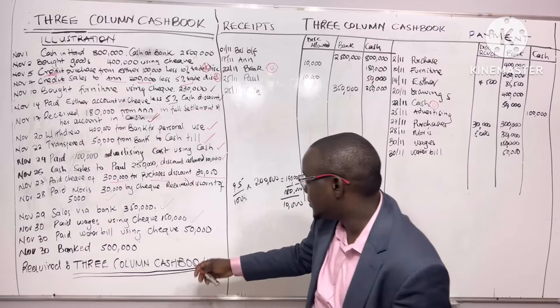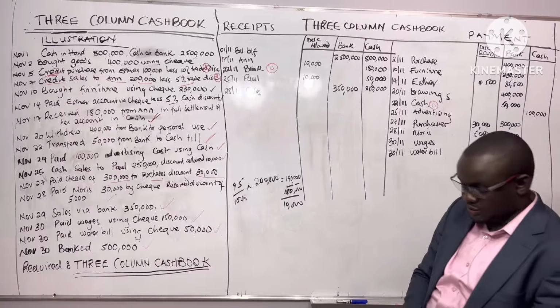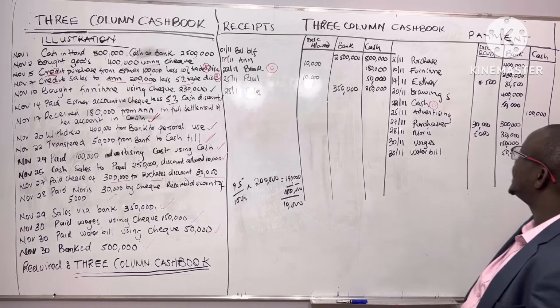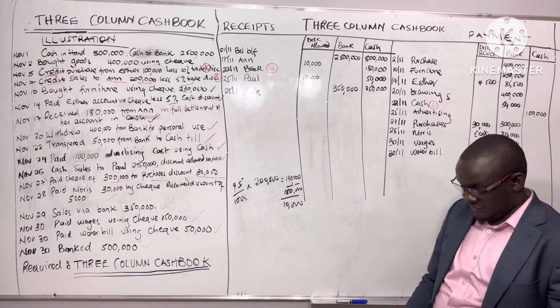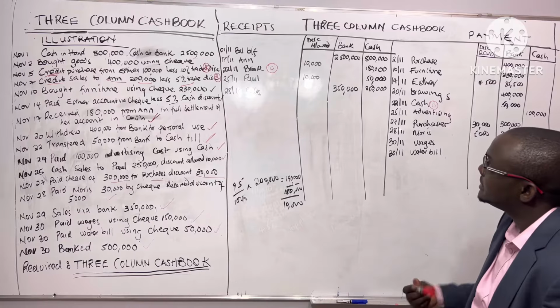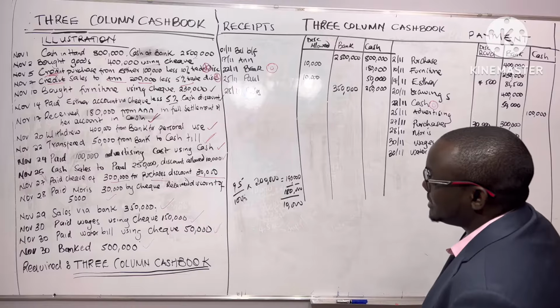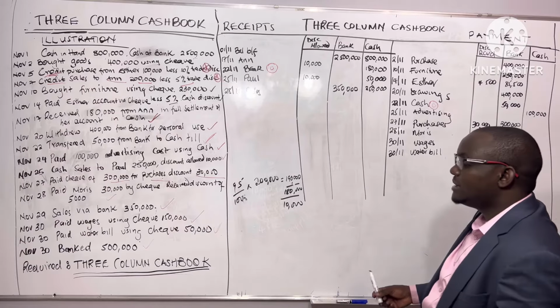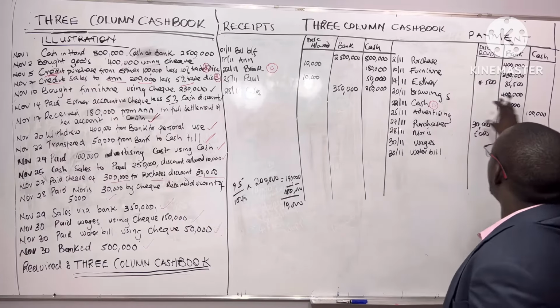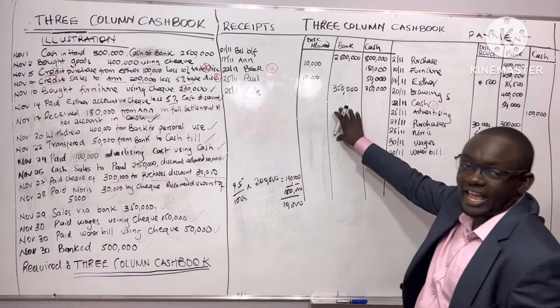Paid, sorry, we are told banked 500,000. So this one, we are banking 500,000. That means we are picking money from the cash here, then taking it to the bank here.